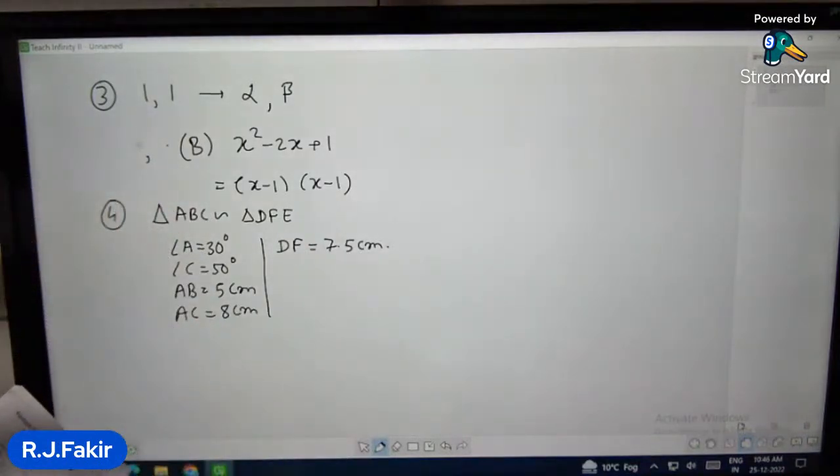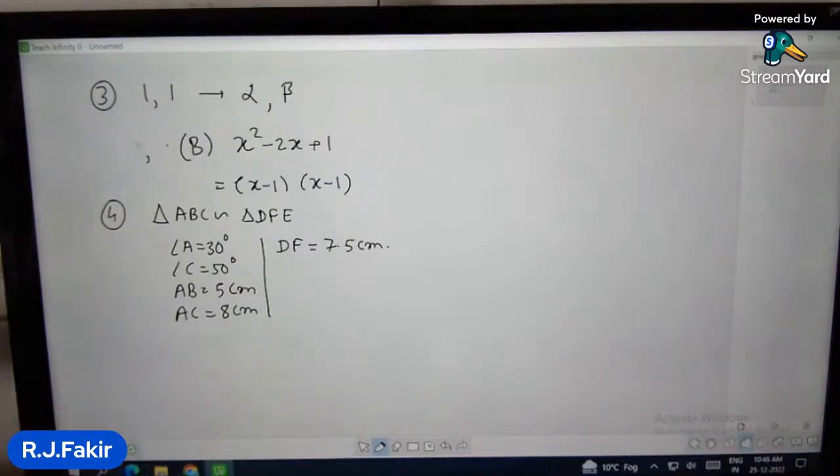As you know, by the property of the similar triangles, all the angles are equal and the sides are proportional.